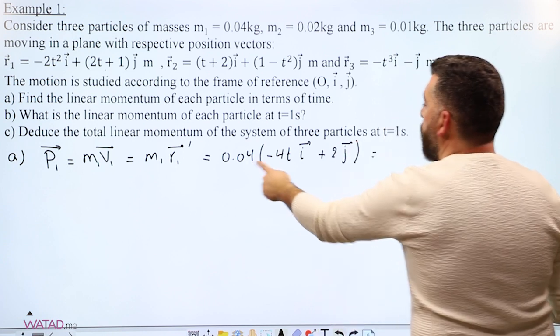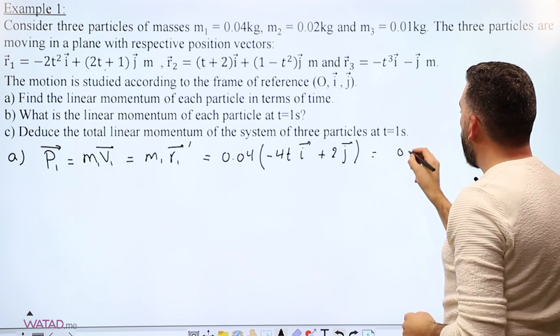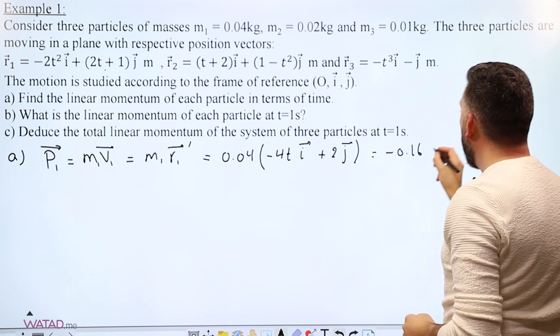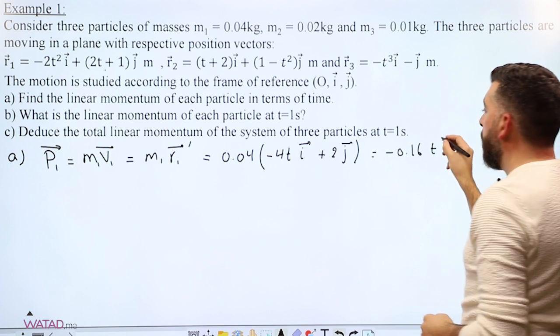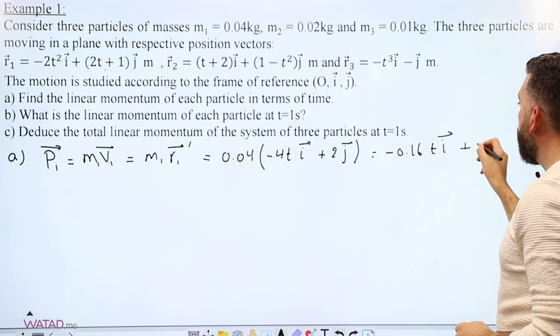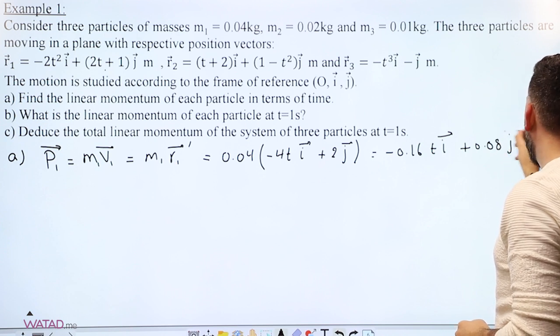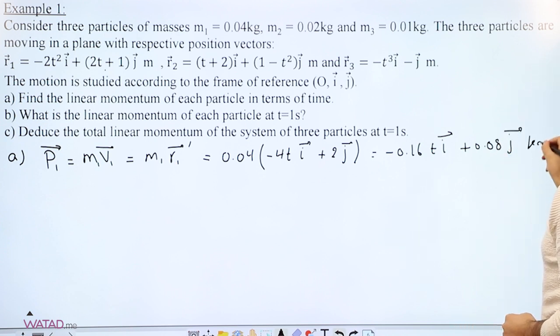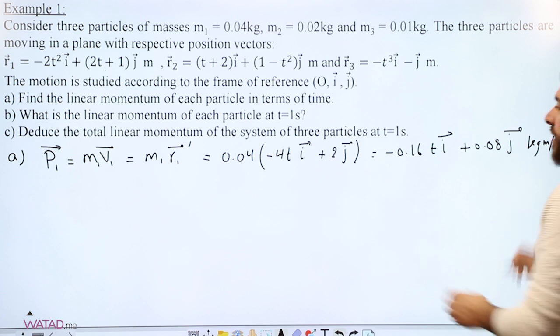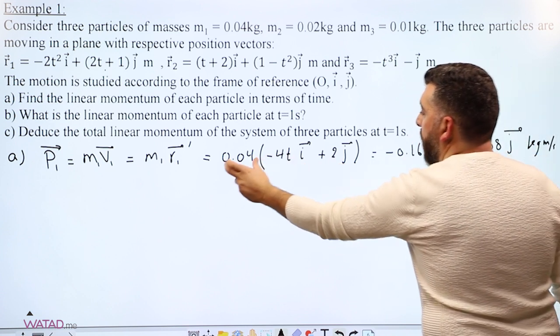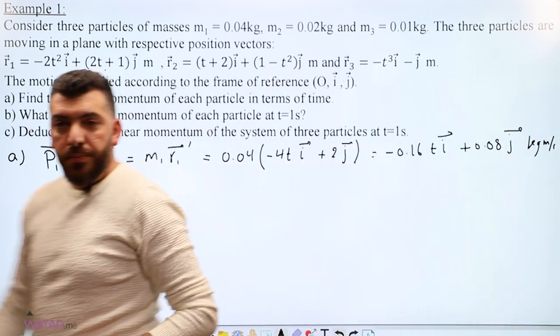Equal 0.04 times minus 4t, which is minus 0.16 t i, plus 0.08 j. The unit is kilogram meter per second because this is velocity in meter per second, and this is the mass in kilograms.